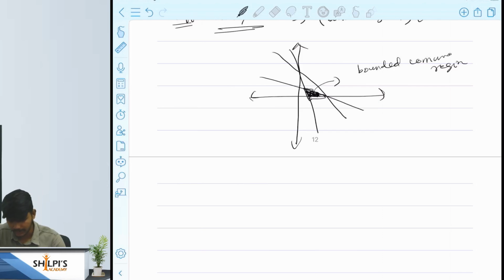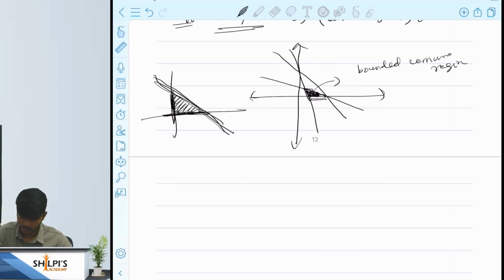The fourth line is the x-axis. So that x-axis is restricting the fourth side. So definitely we will have at least 3 or 4 sides to bound the region. In some cases, like in this case, x is restricting and y is restricting, and this one particular line is restricting the common region. So at least we want 3 lines to bound the region.